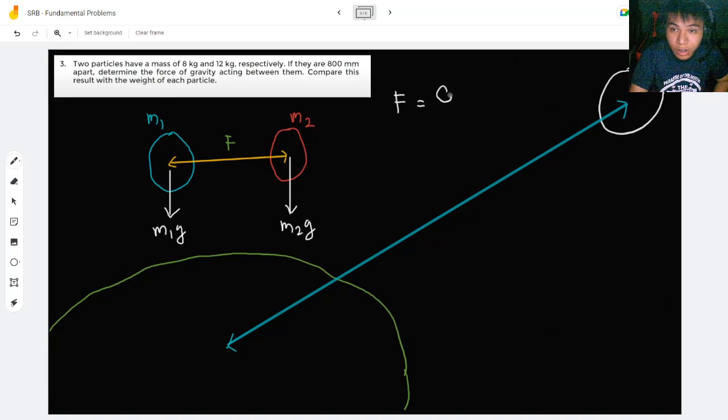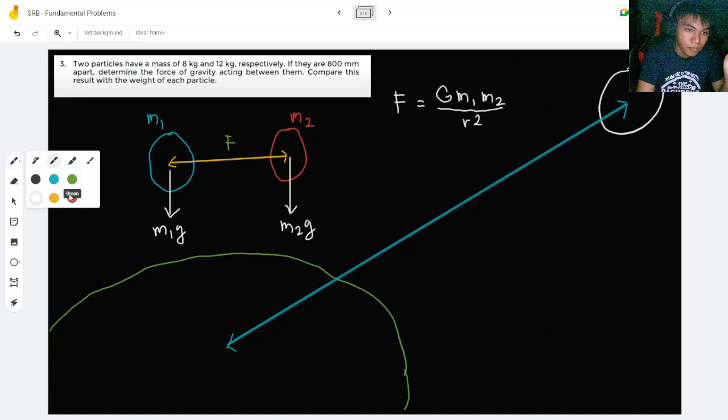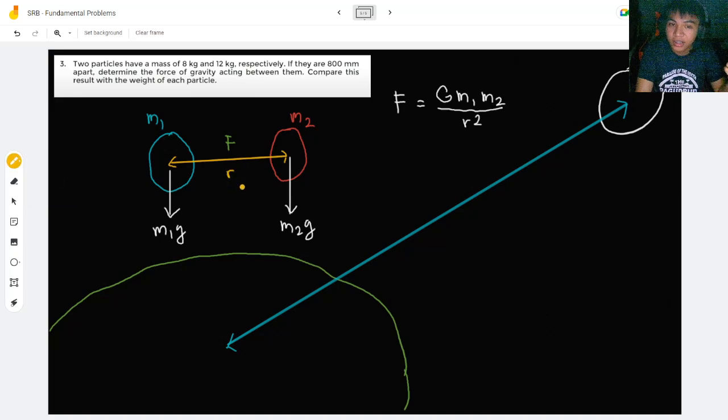It's the universal gravitational constant times m1 m2 over r squared. And this is not the radius, but the distance. This is r, which is the distance. Let's actually try to solve it below here.